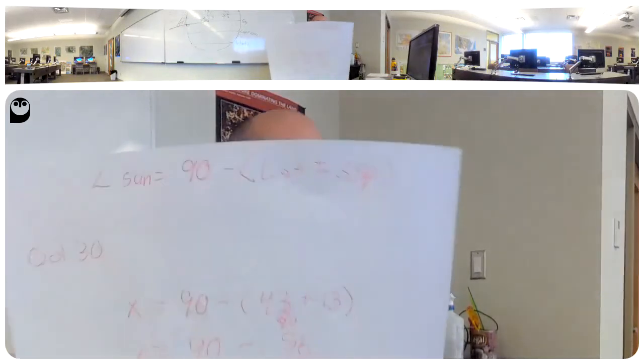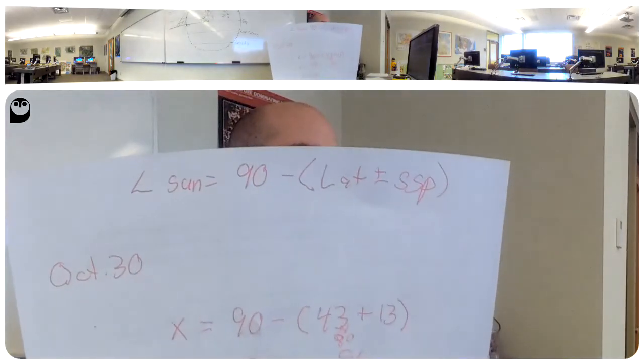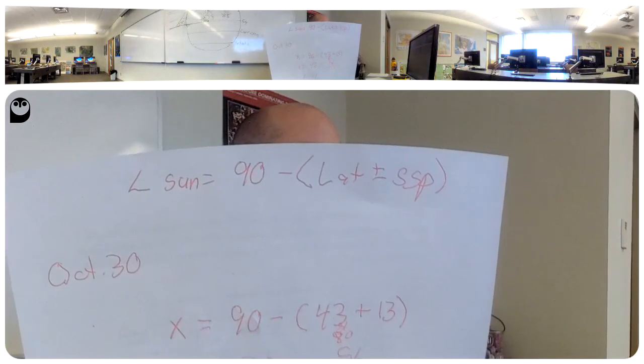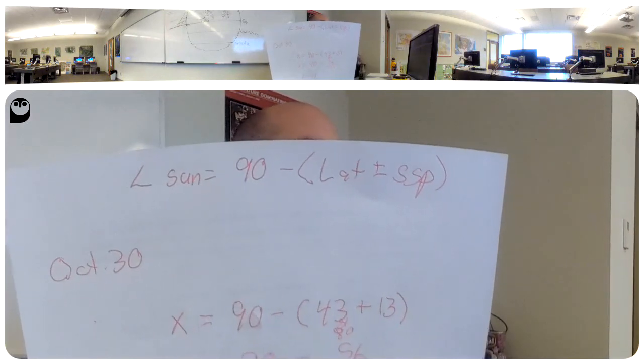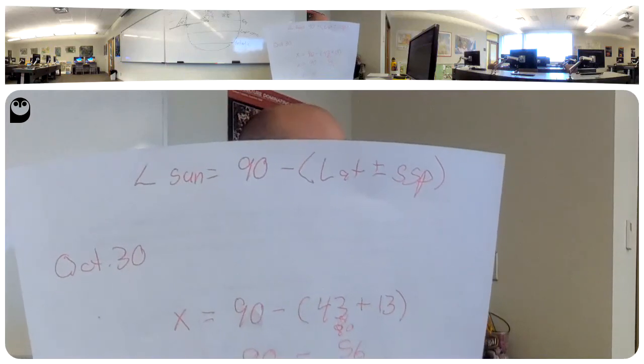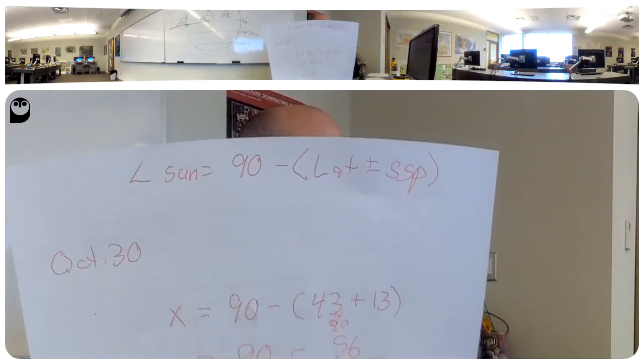So it stands to reason that that angle must be somewhere between 47 and 23.5. And sure enough, it is. It's 34 degrees. So I hope that equation makes sense. Angle of the sun equals 90 minus our latitude plus or minus the SSP. We add the SSP in the winter. We subtract the SSP in the summer. Hope that video helps.